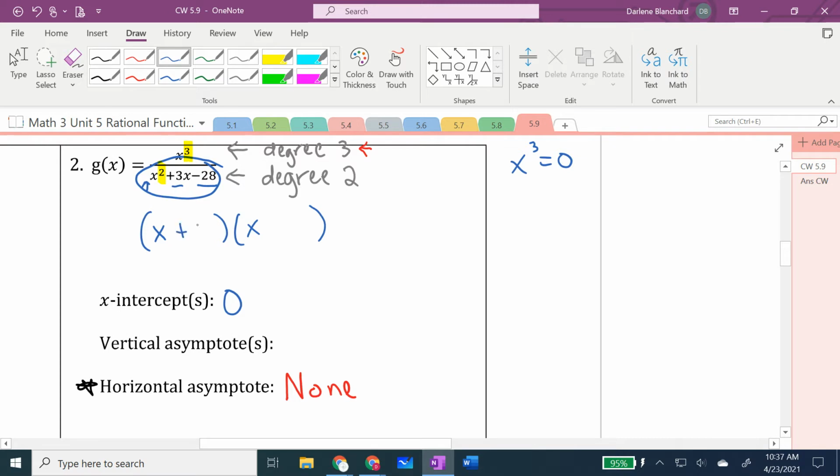If I use a positive 7 and a negative 4, I'll get negative 28, and they will add to make a positive 3. So solving for that being equal to 0, my vertical asymptotes are, and let me emphasize, you are taking each factor, setting it equal to 0, and then solving it. So I subtract 7 and I add 4, and I have my two vertical asymptotes.